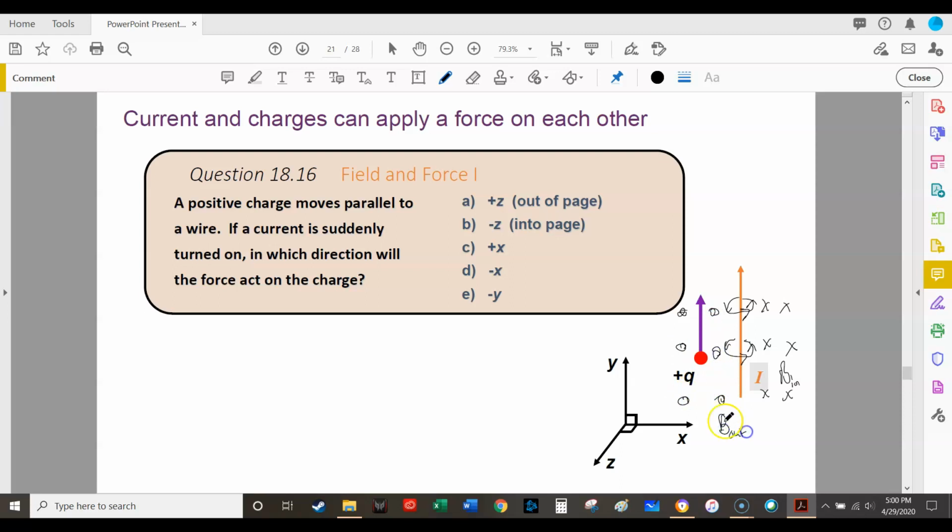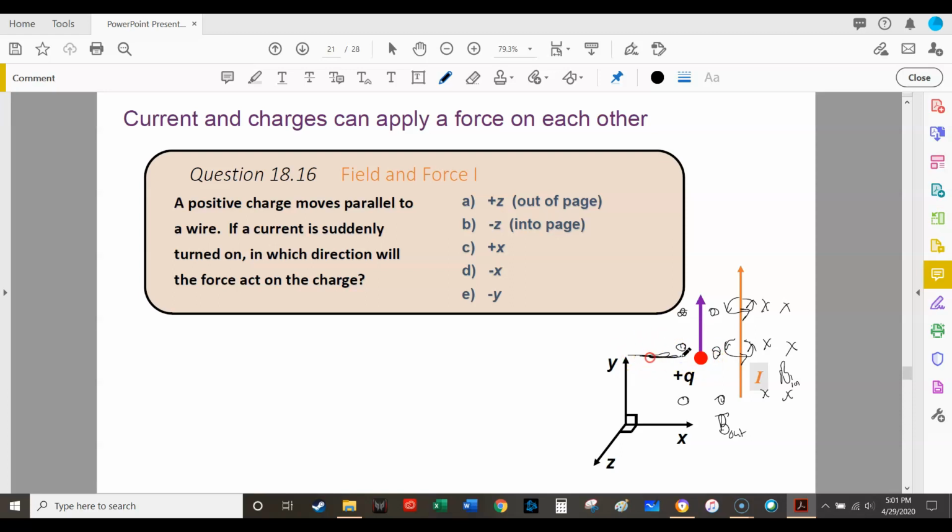Okay, well, this charge is moving up the page now, and is moving into a region of space where the magnetic field is pointed out of the page. So I'm going to point my thumb in the direction that the positive charge is moving. My index fingers are pointed out of the page towards my own face, okay, and my palm is pointed to the right side of the screen.